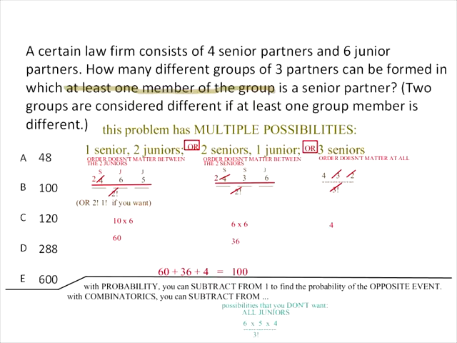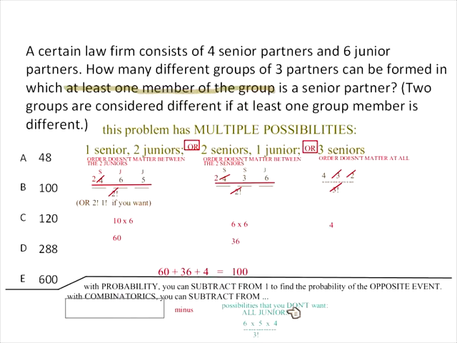Okay. Now the question is, what do you subtract this from? So again, let me pose the same question. A couple of you typed this, but just to make sure we're on the same page. What goes in this box? Here's the possibilities that you don't want. If this were a probability, you would do 1 minus the probability.